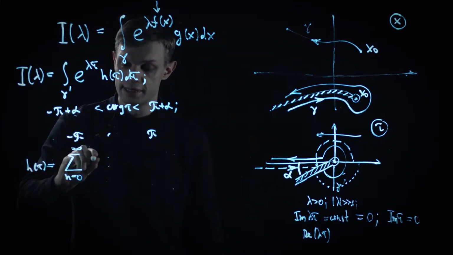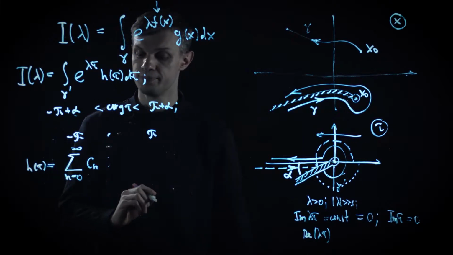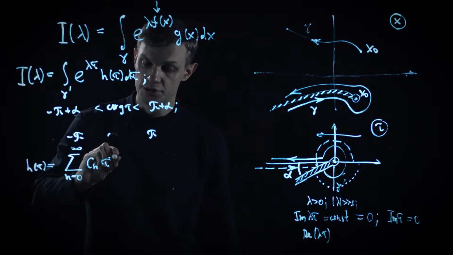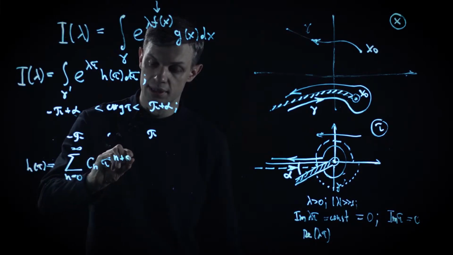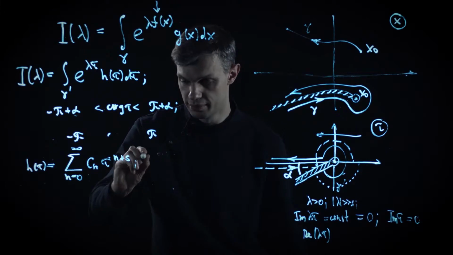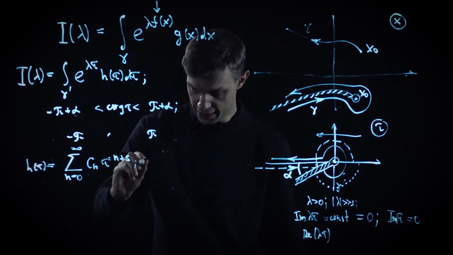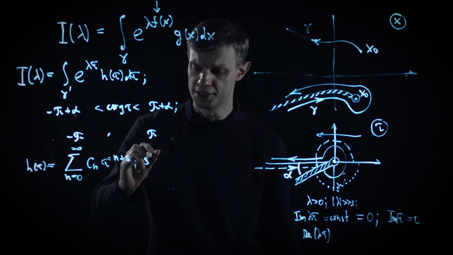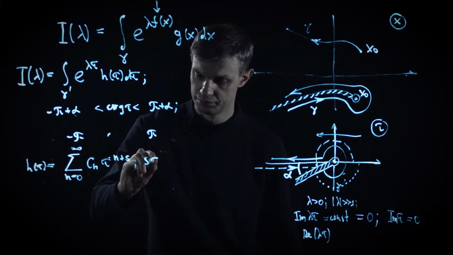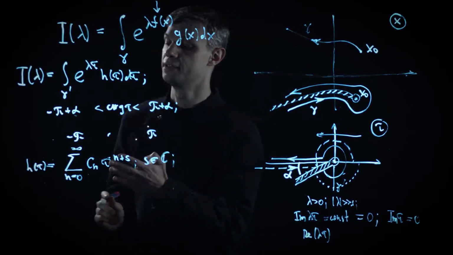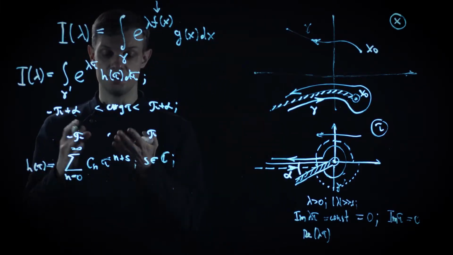It's almost a Taylor-like expansion, but the powers are not just n, but n plus some number s, where s may be a real or even complex power. So that's the Taylor expansion in the most general form.